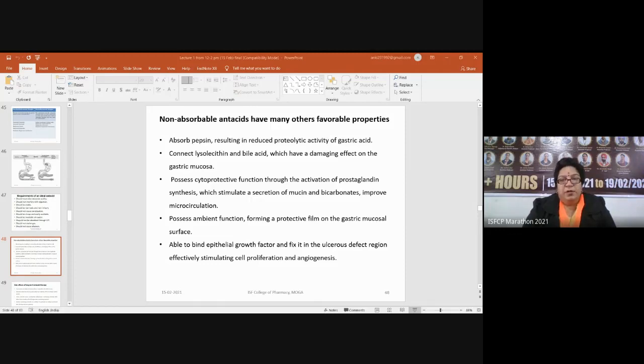Next, possess ambient function, that is forming a protective film on the gastric mucosal surface, otherwise mucosa will be damaged and that can lead to further so many effects. So they should have this property of protection of the gastric mucosa. They should be able to bind epithelial growth factor and fix it in the ulcerous defect region, effectively stimulating cell proliferation and angiogenesis. These are the favorable properties that should be present.